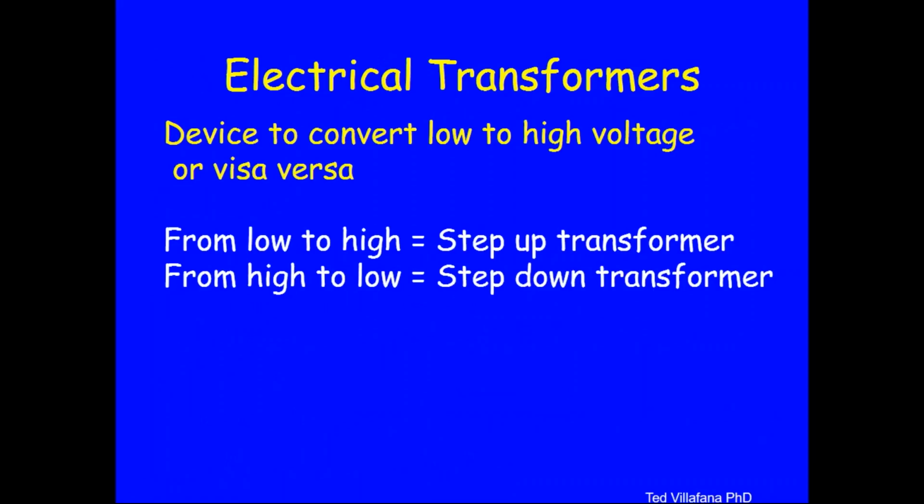When it converts from low to high, we call that a step-up transformer. That's how we get our high voltage. When we convert from high to low, that's a step-down transformer. I gave you the examples of adapter plugs to charge your phones and your computers.